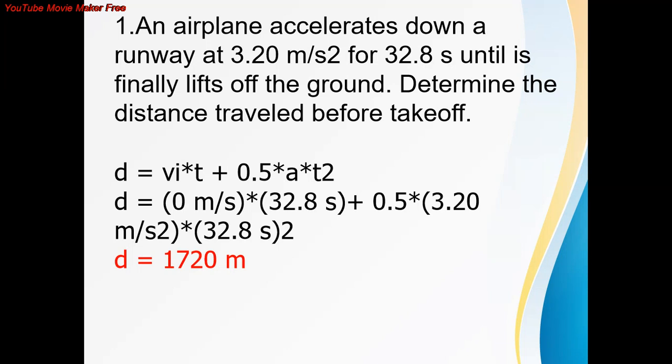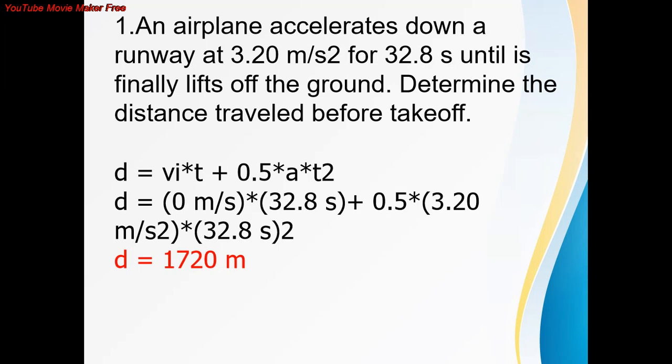Okay. Now as we know that vi is equal to 0, t is equal to 32.8 second, a is 3.2 meter per second square, and t is 32.8 second. So when we put all these values in the formula, after calculation we get d equal to 1720 meter.